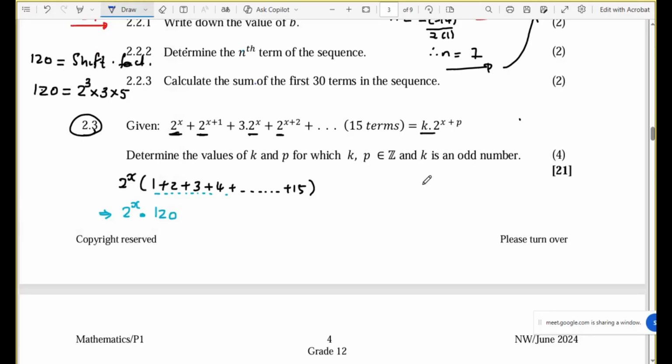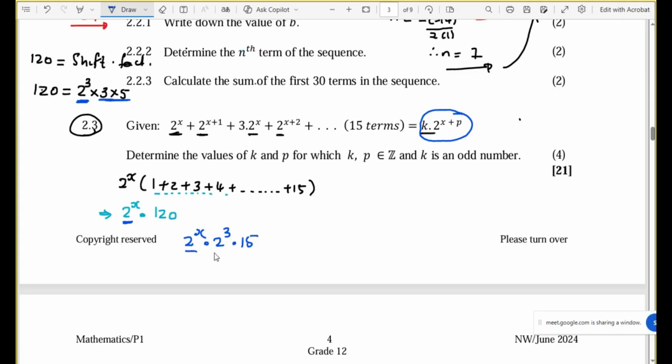Now look at this. I need to make sure that whatever I get, it's in that form. So this will be 2 to the power 3. I need it since I have this 2. I'm just going to say this will be 2 to the x times 2 to the power 3. And then 3 times 5, I need to combine those to get 15.